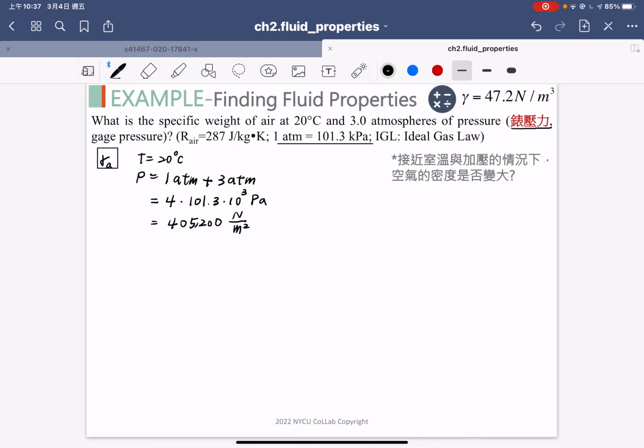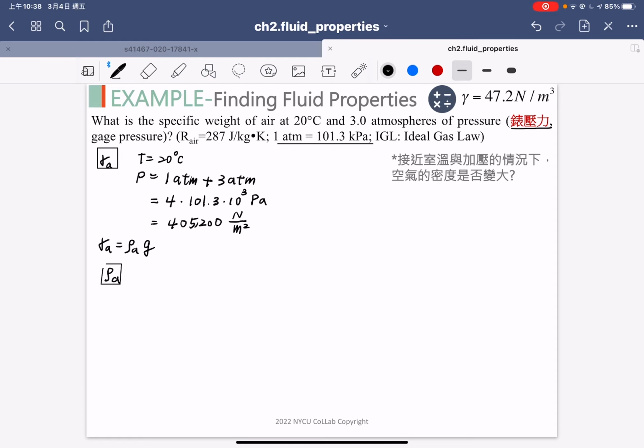And here we know that gamma A is equal to rho A g, right? So for this problem, we still didn't know rho A. So maybe we need to compute rho A first, and then we can compute gamma A later, right?